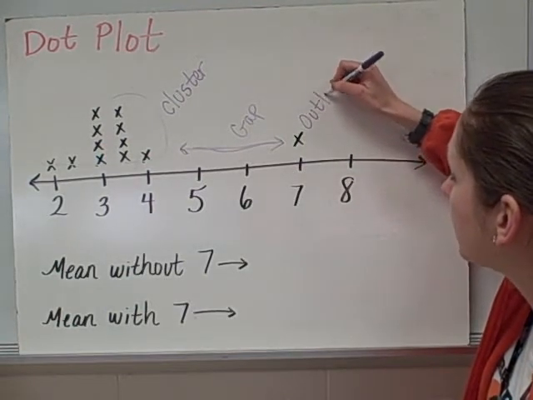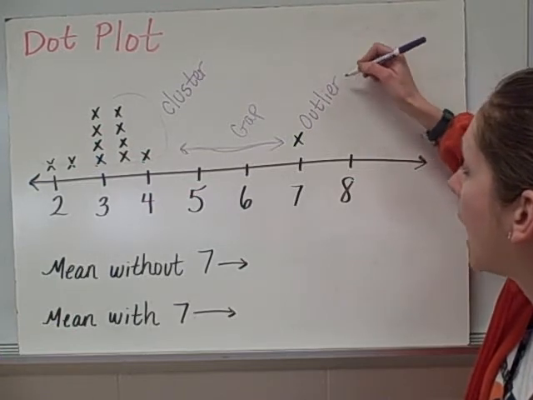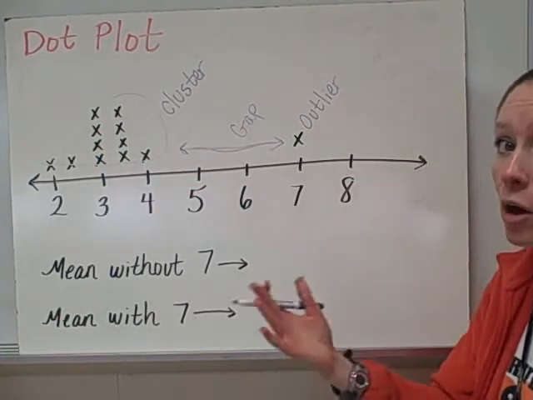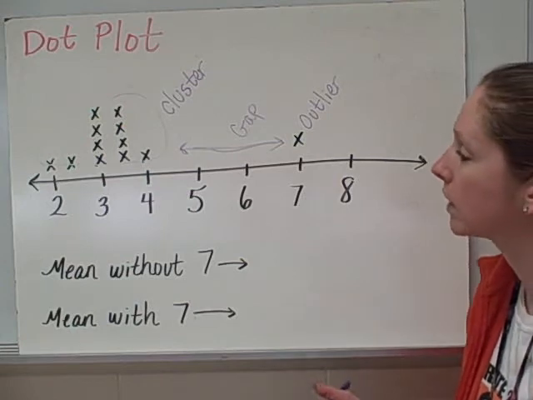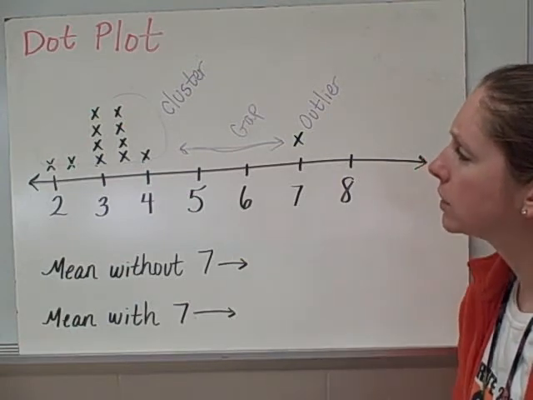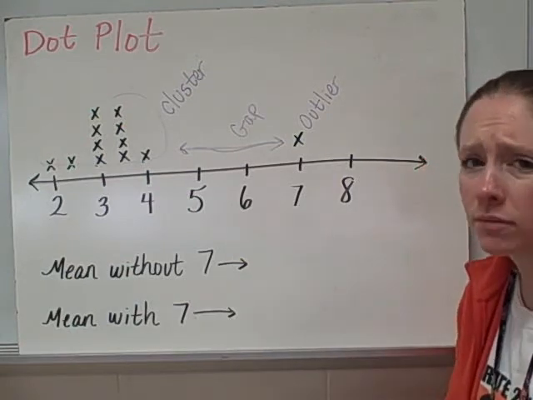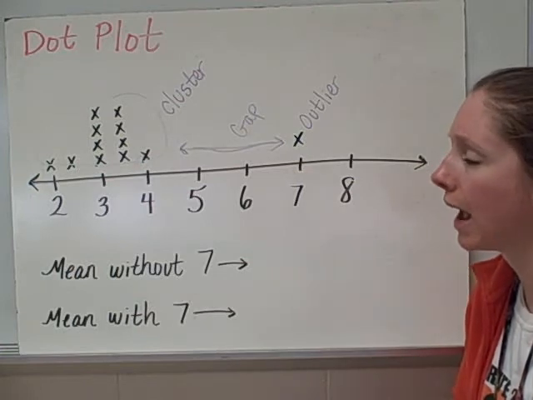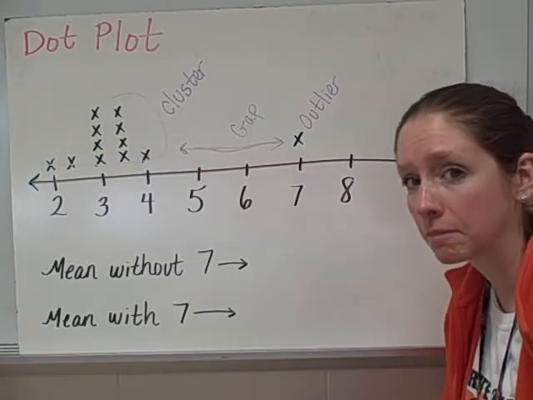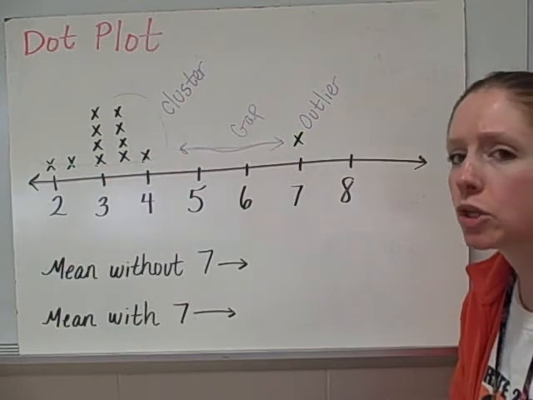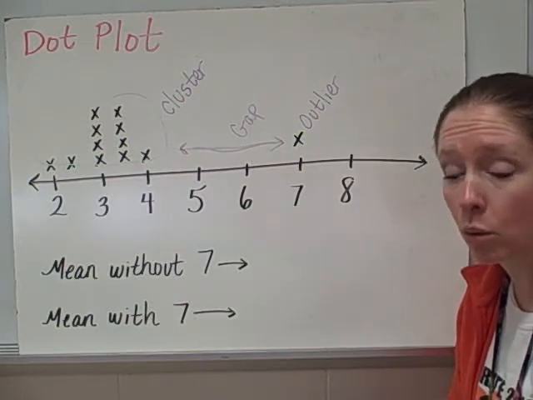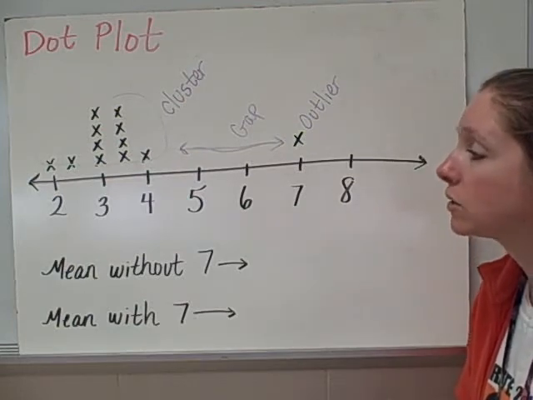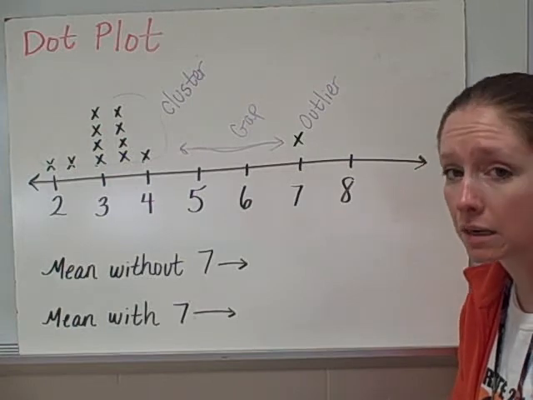That can be kind of an easy word to remember, guys, because outliers lie outside of the rest of the data. Now, there's something that happens, guys, with outliers, and oftentimes they ask you questions about how outliers will affect the mean. Sometimes outliers do not affect the median or the mode, but outliers always affect our mean.